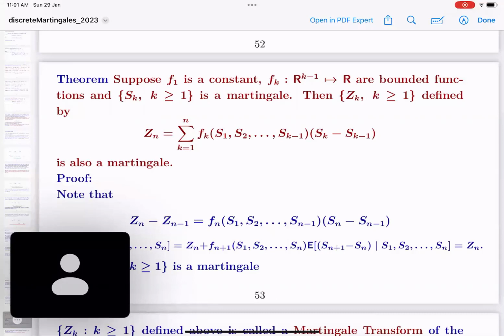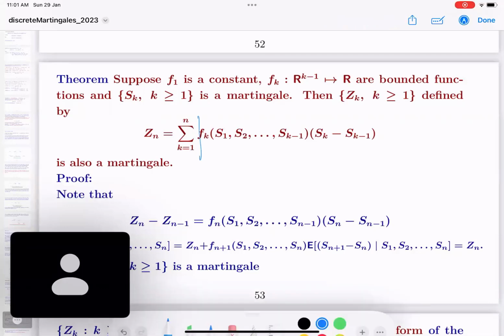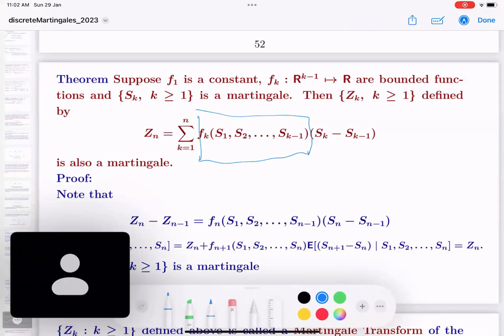So this is the first such result: if to begin with Sk is a martingale, namely the expected condition that we wrote down, and you tweak things via strategic multipliers, strategy Fk, which is predictable. If you look at this object Fk, you will have to implement this at time k.